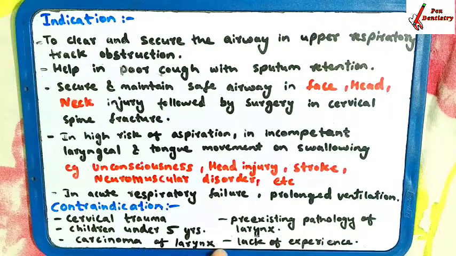Carcinoma of larynx: when the patient already has a carcinoma of larynx, at that time the tracheostomy is not performed. Pre-existing pathology of the larynx: pre-existing means it existed from before, and at that time no tracheostomy is done.